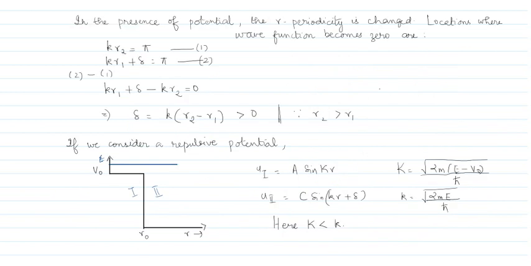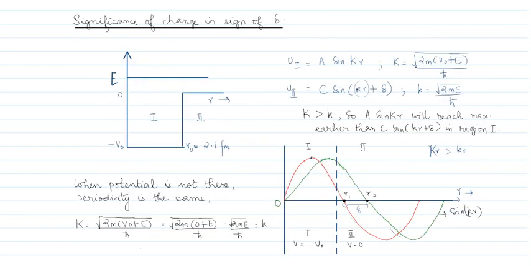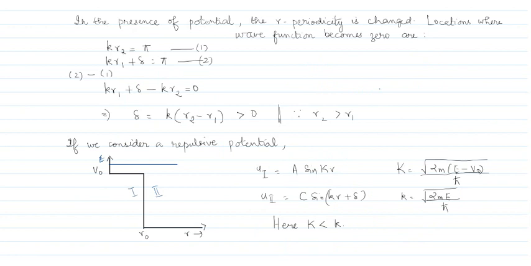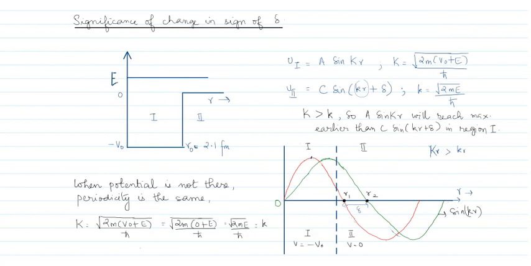Now let us see. The green curve becomes 0 for this value of R2. So kR2 is pi, is the location where that curve goes through 0. Now, where does my second curve go through 0? The second curve is kr plus delta, so this portion has to become pi.